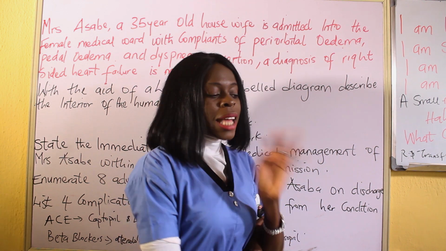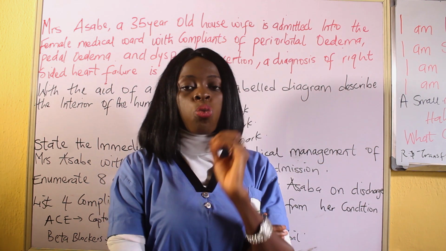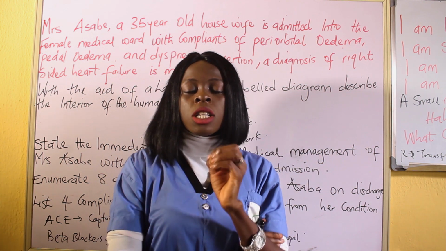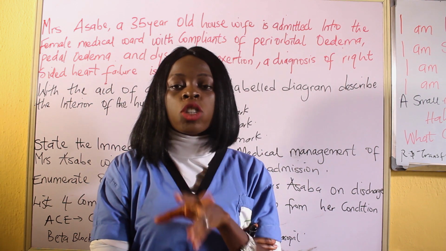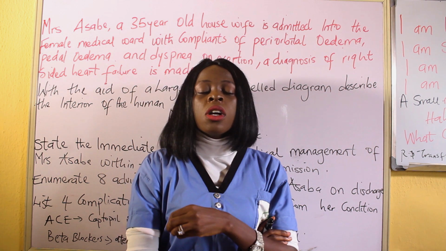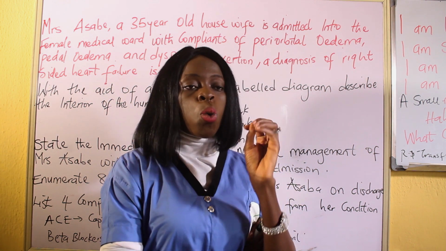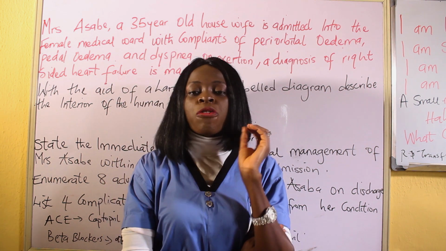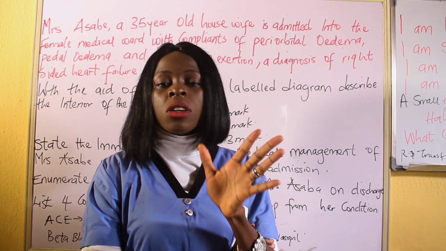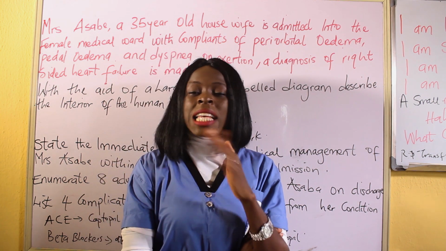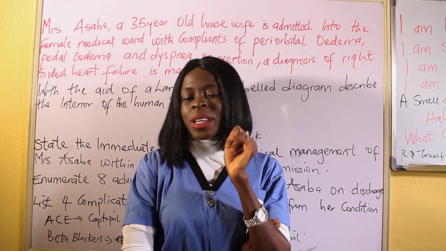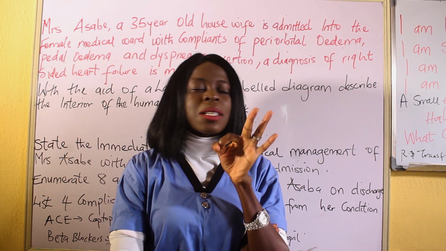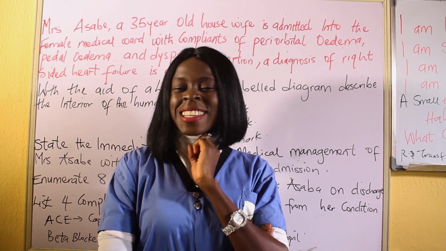So to get answers to question 2, just watch our video on female genital mutilation. While question 3 was talking about electroconvulsive therapy. To get the answers to question 3, you have to watch our video on electroconvulsive therapy, because that's basically what question 3 is talking about. So you can see question 1, question 2, question 3 answered with ease.